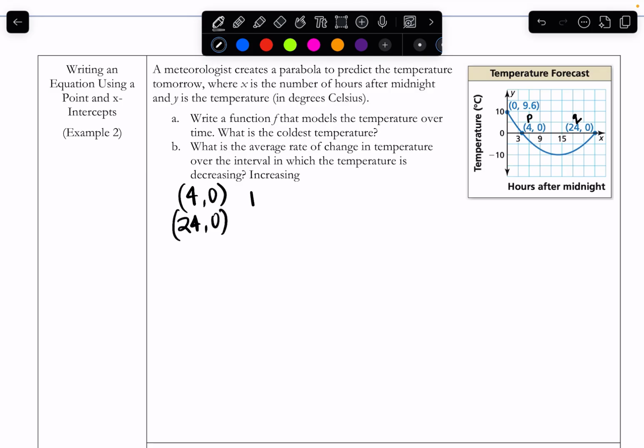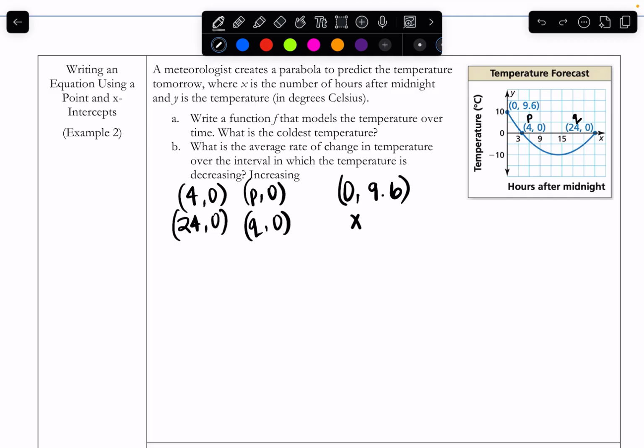All right, this is P. This is Q. All right, and then I have this other point here, 0, 9.6, which is my additional point that I know X and Y for. It happens to also be the x-intercept. I'm sorry, the y-intercept.